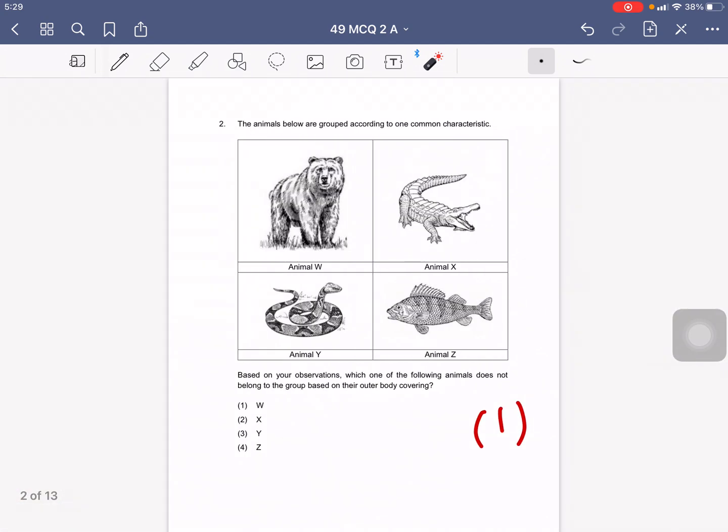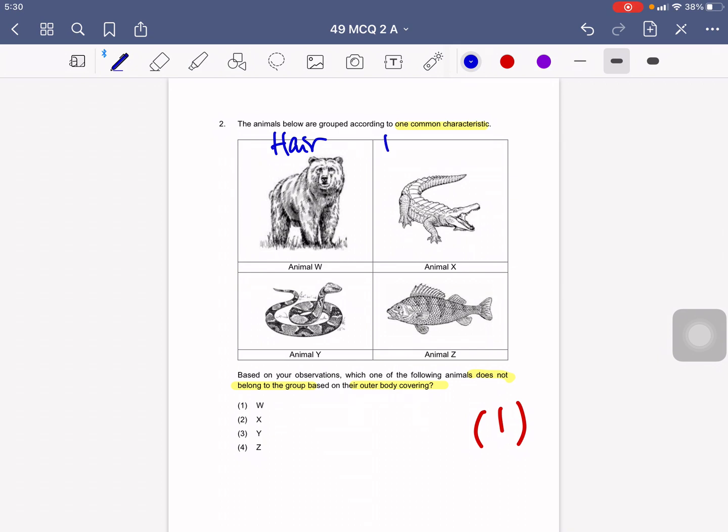Next question, question number 2. The animals are grouped according to one common characteristic. You have 4 animals: a bear, a mammal; a crocodile, a reptile; a snake, also a reptile; and a fish. Based on your observation, which of the animals does not belong to the group based on their outer body covering? The outer covering here is hair.